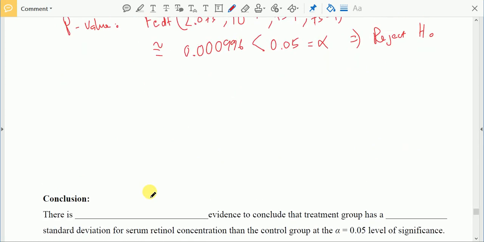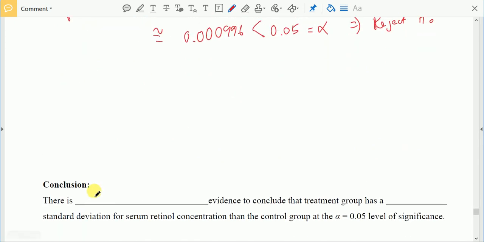So that is the conclusion, or you can say that there is sufficient evidence to conclude that the treatment group, the first group, has a higher standard deviation for serum retinol concentration than the control group at a level of significance of 0.05. That is the end of this section on standard deviation.